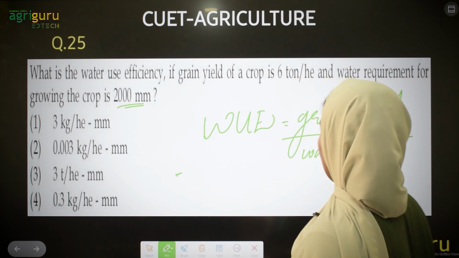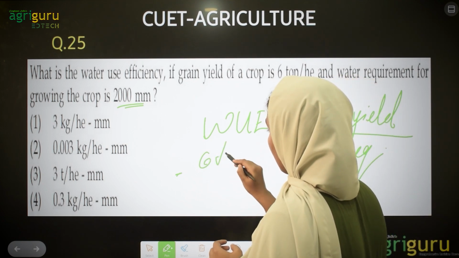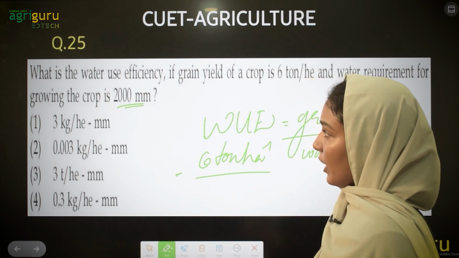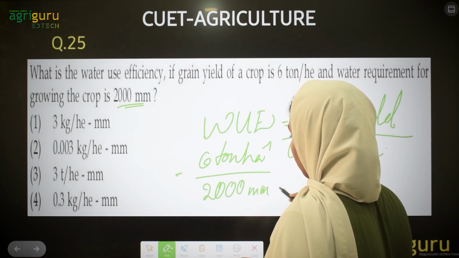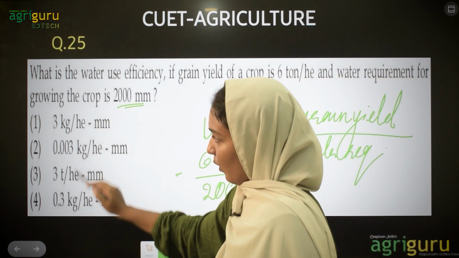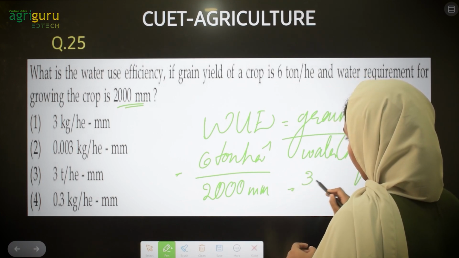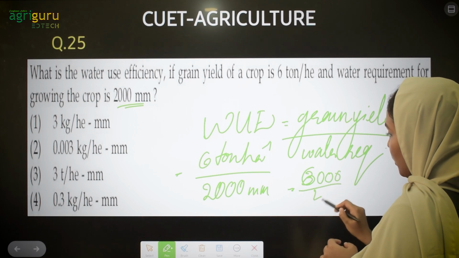Grain yield given is 6 ton per hectare and the water requirement is 2000 millimeter. Most of the options are in kilogram, so we can convert it to kilogram. That is 6000 divided by 2000.